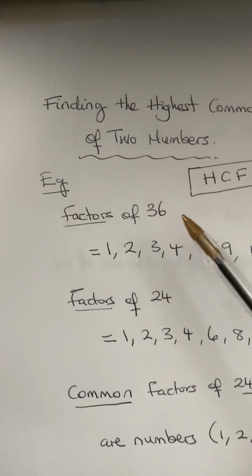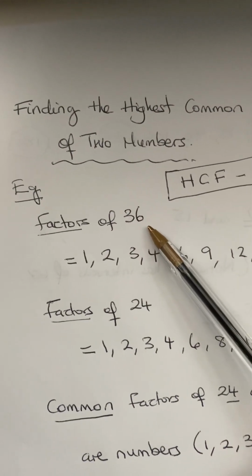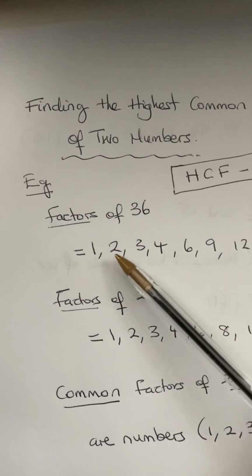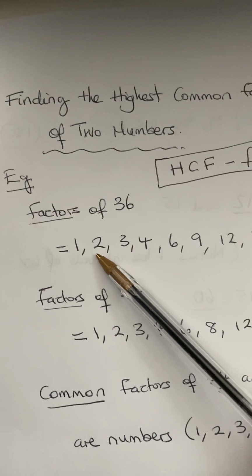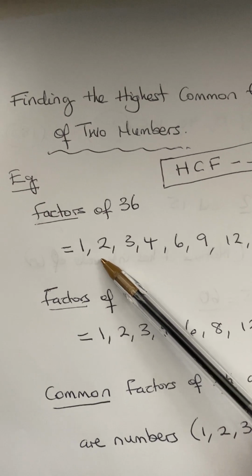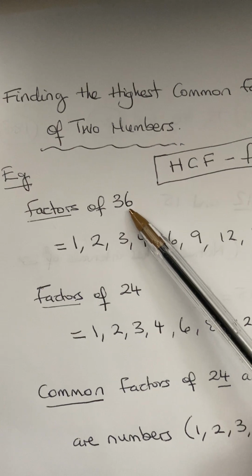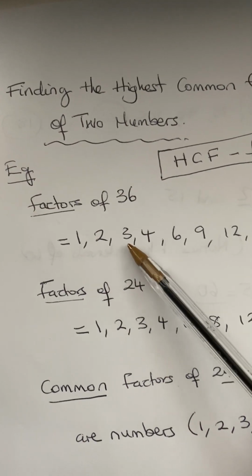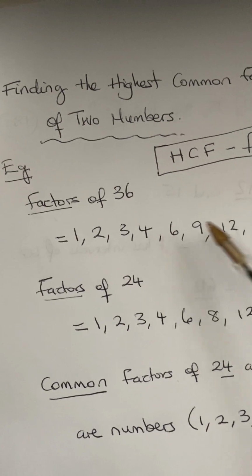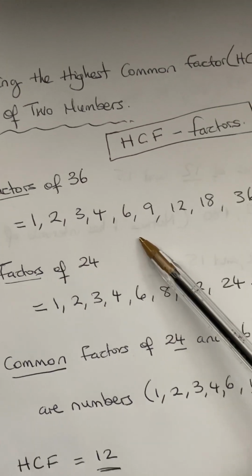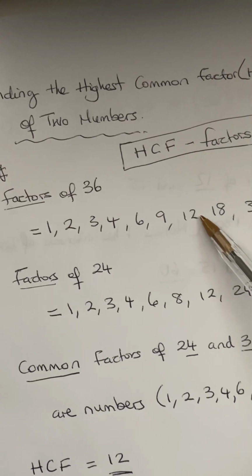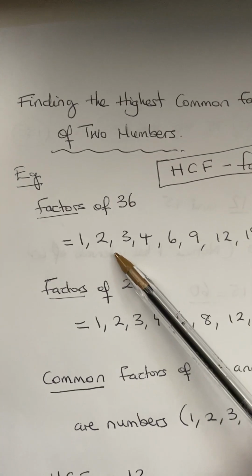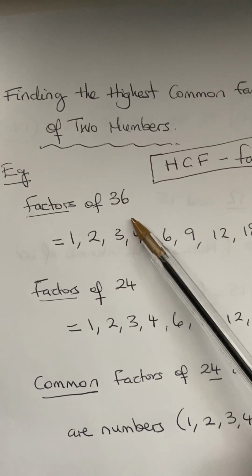So look at the factors of 36, what we did in the last video. So the factors of 36 are numbers that will go into 36 without leaving a remainder, fraction, or decimals. We said yesterday that when you are looking at factors, you are actually looking at whole numbers. So I'm going to list the factors of 36.